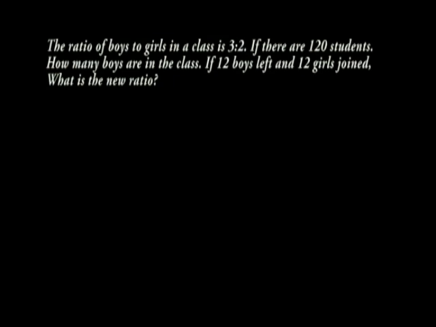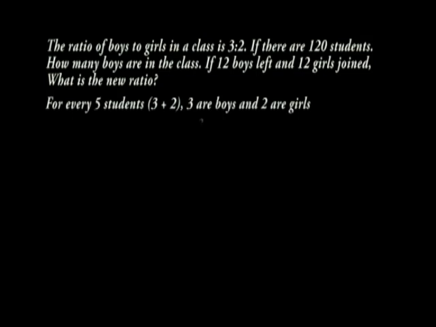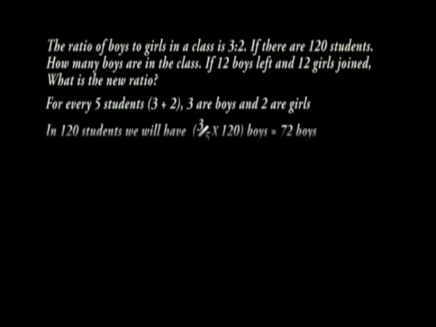In our solution, for every 5 students, 3 are boys and 2 are girls. So, in a class of 120 students, we will have 3 over 5 times 120 boys, which will give us 72. This means that there are 120 minus 72 girls, which gives us 48.